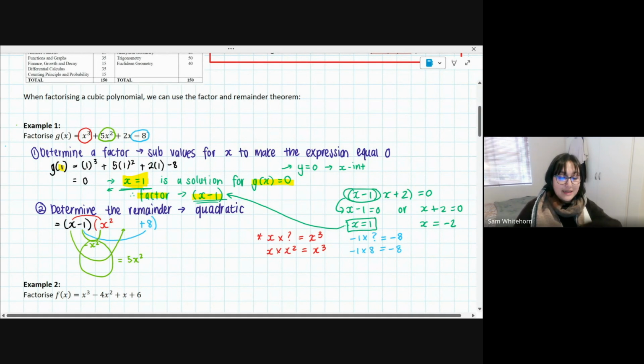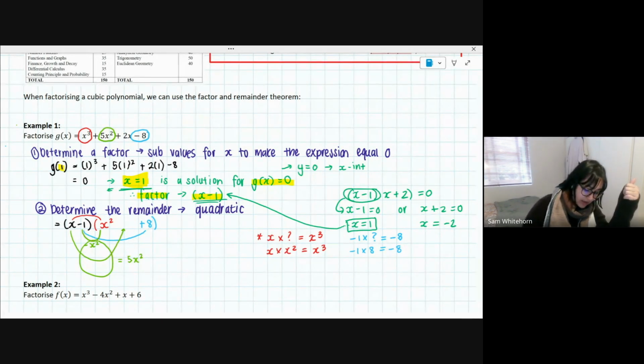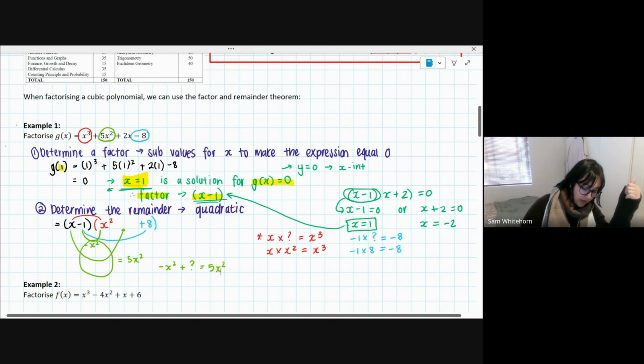So I currently have a -x squared. Let's write it out. So I've got -x squared plus what will give me 5x squared? We know that they need to be 6x squared.